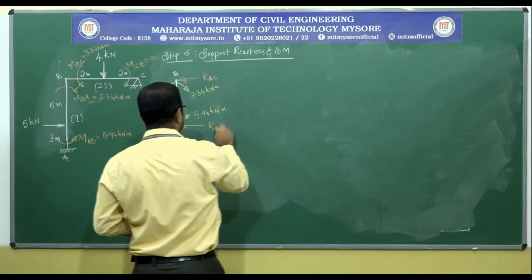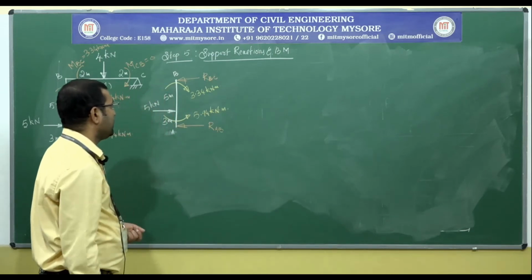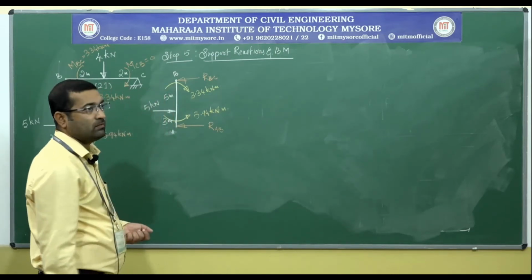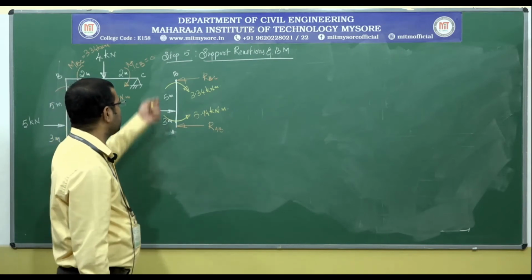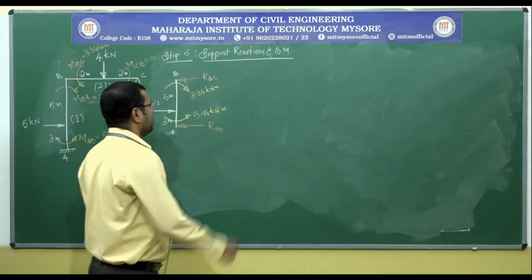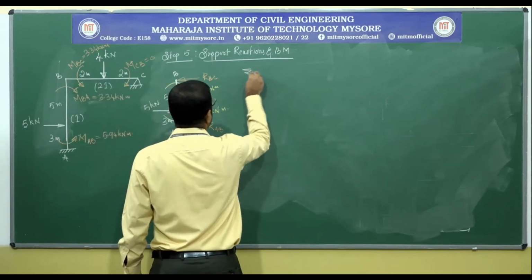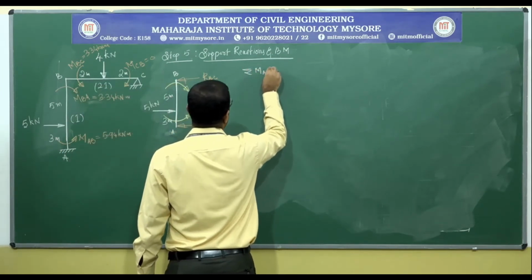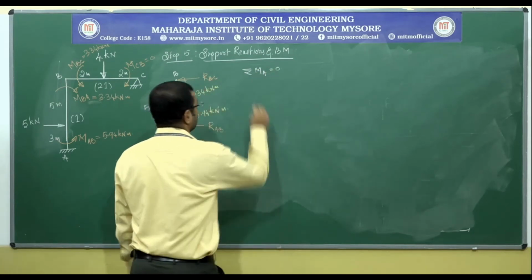To calculate RAB and RBA, I need to impose the moment condition. So either I need to impose the moment condition at A or at B, so we will get the values. So here let me impose the moment condition at A and equate it to 0.